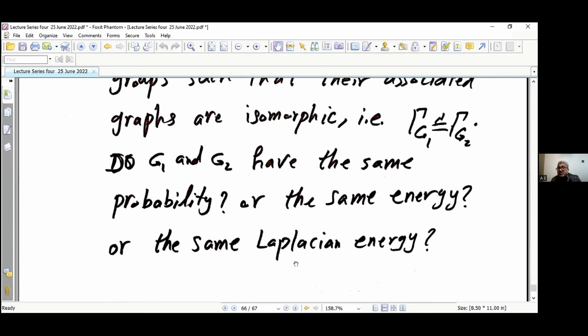For example, the complete graph is an integer graph because all eigenvalues are integers. But some of the bipartite graphs are not integer, because in complete bipartite graphs we have two non-zero eigenvalues.